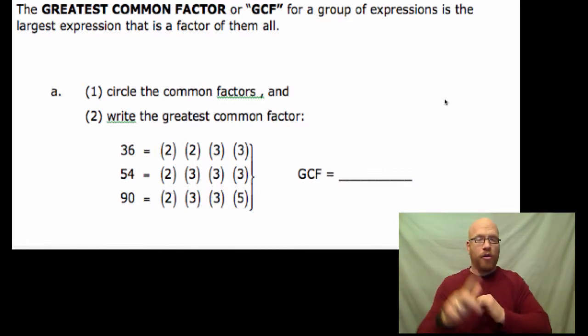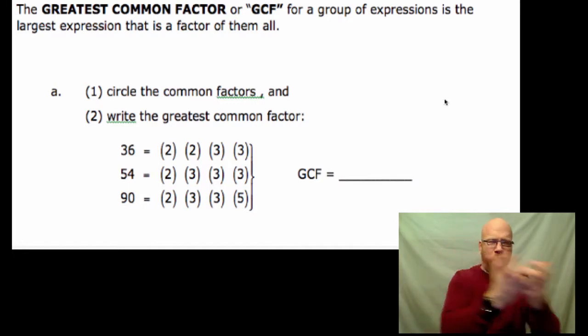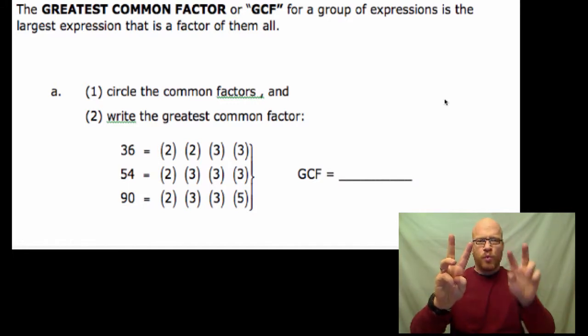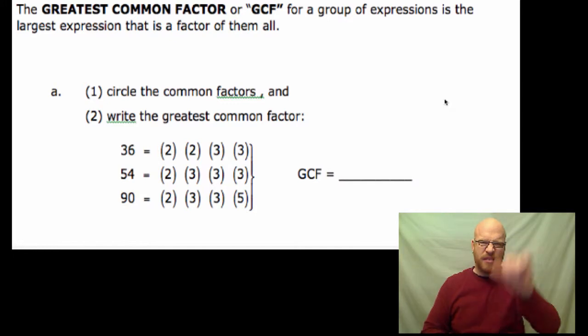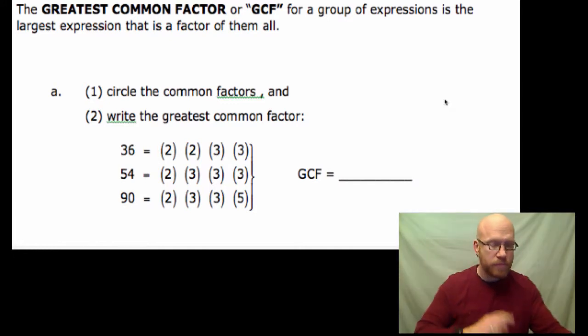Now, I have done some work ahead of time. We have 36, and the factors are 2, 2, 3, and 3. What does that even mean? Let's talk about that for a second.